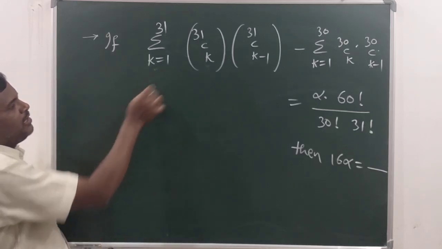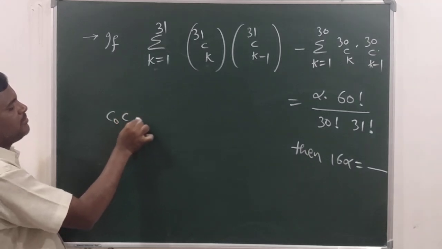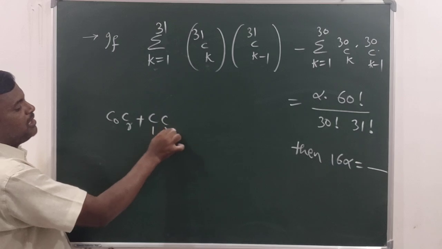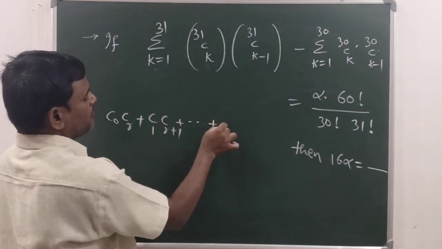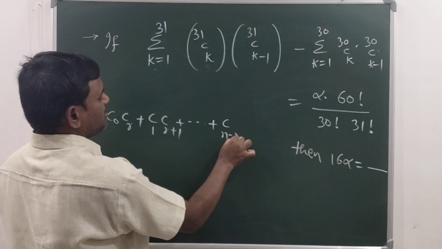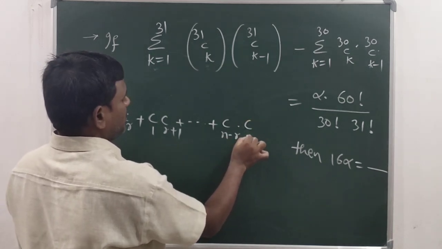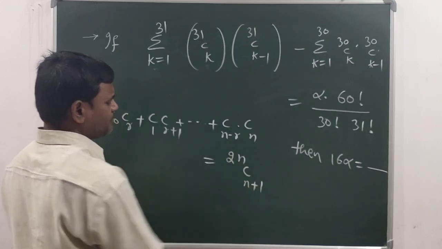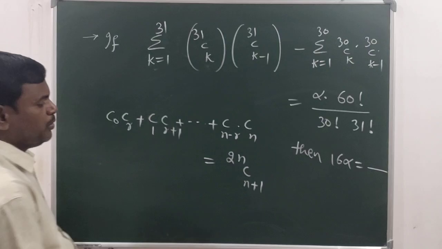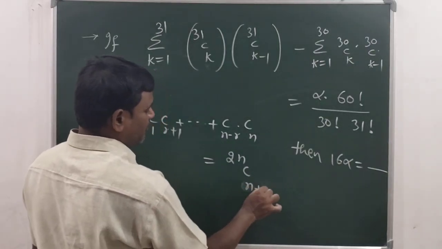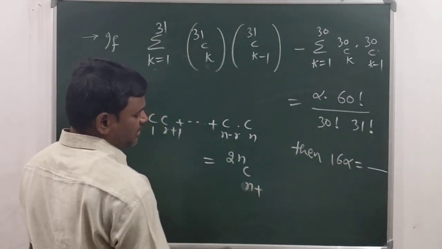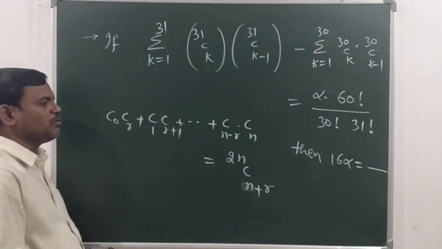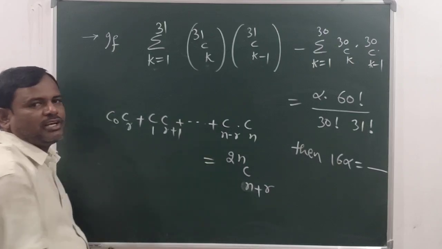So here you read this one: C0 Cr, next C1 Cr plus 1 and so on, Cn minus r Cn, which is equal to 2nCn plus r. You read one formula, 2nCr only. So if you write r equal to 0, then you will get 2nCn.